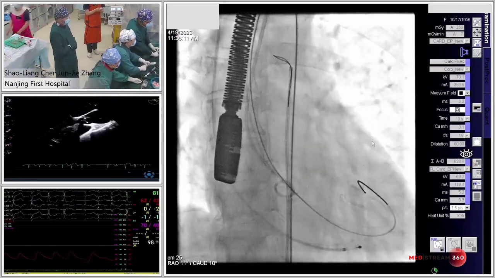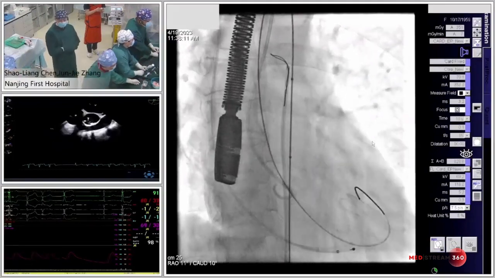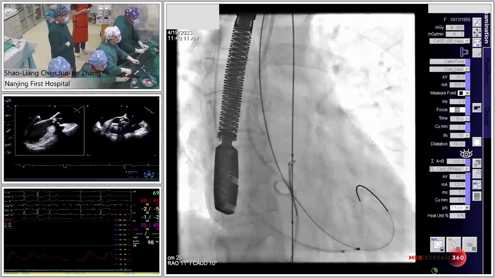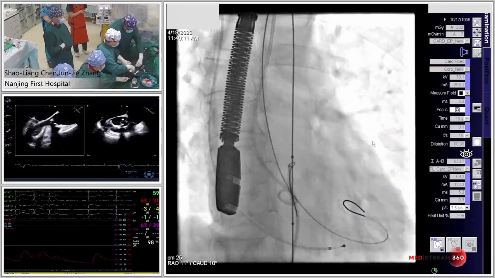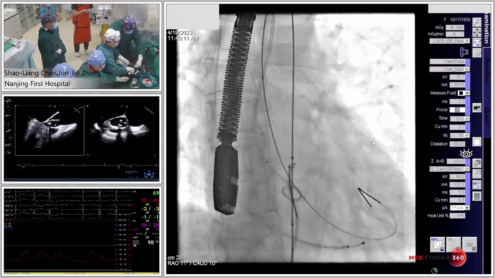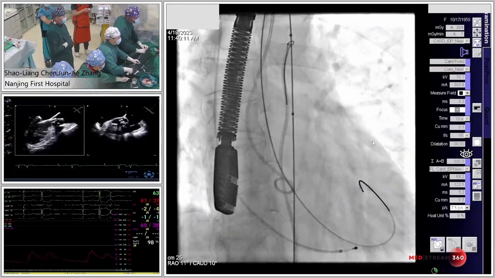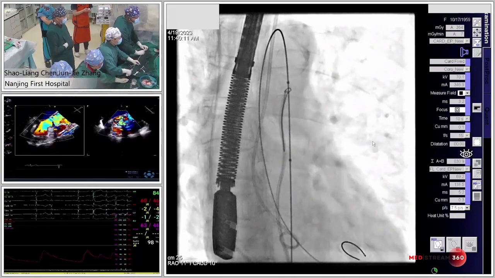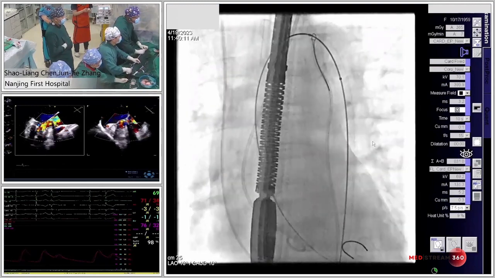Please give me 16. Do you have a small size balloon? 16 in diameter. Yeah, you see, now the tip floats. There's a gap, smaller. Yeah, good. Very good.